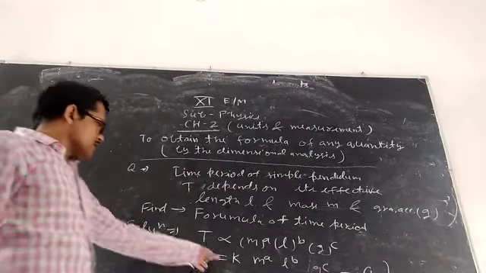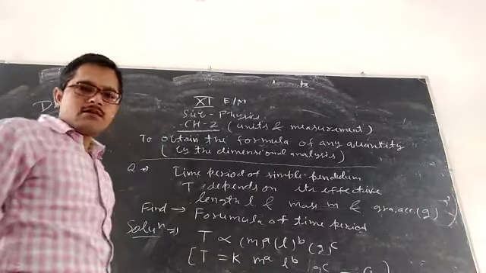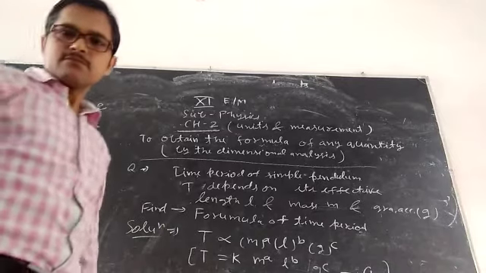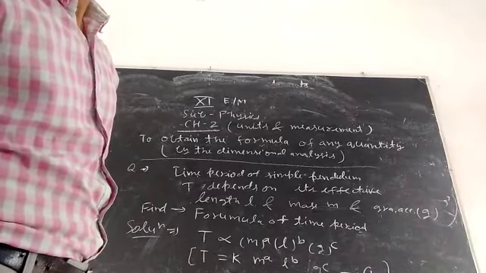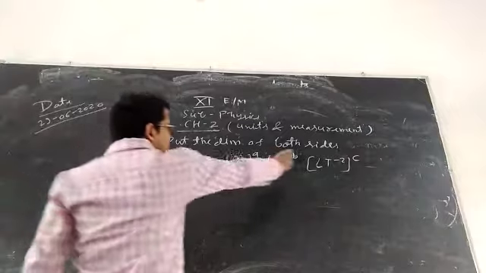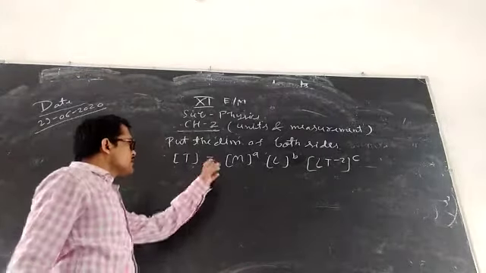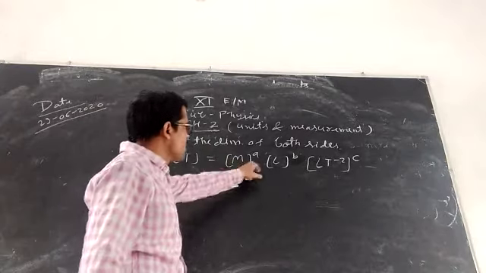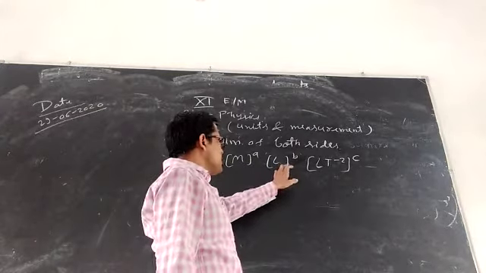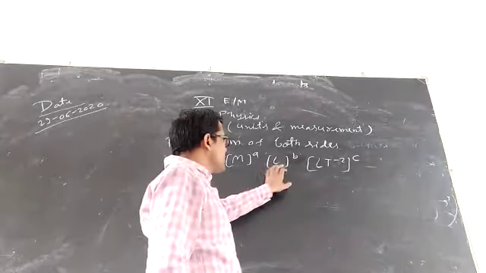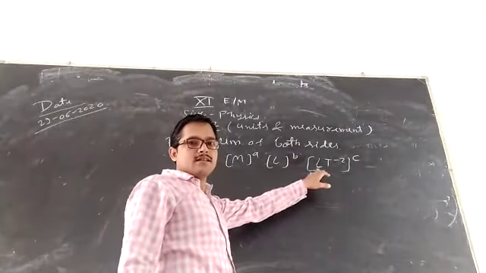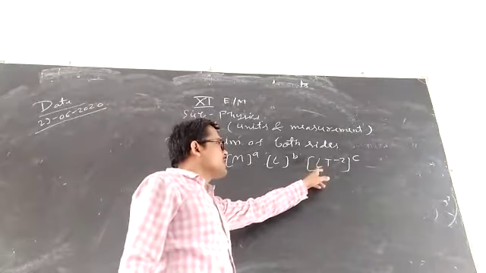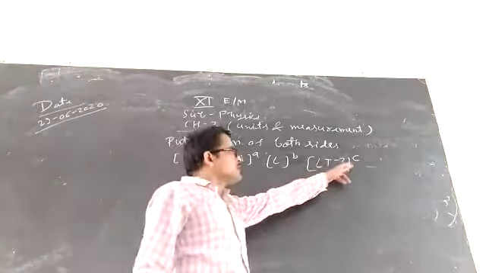And we will put the dimensions of each side, both sides of the equation. In the first equation, on the left side T, and here M to power a, where M is the dimension of mass, then L to power b, where L is the dimension of length. Here is the quantity G. The dimension of G, acceleration due to gravity, is L T to the power minus 2, and its power will be c.